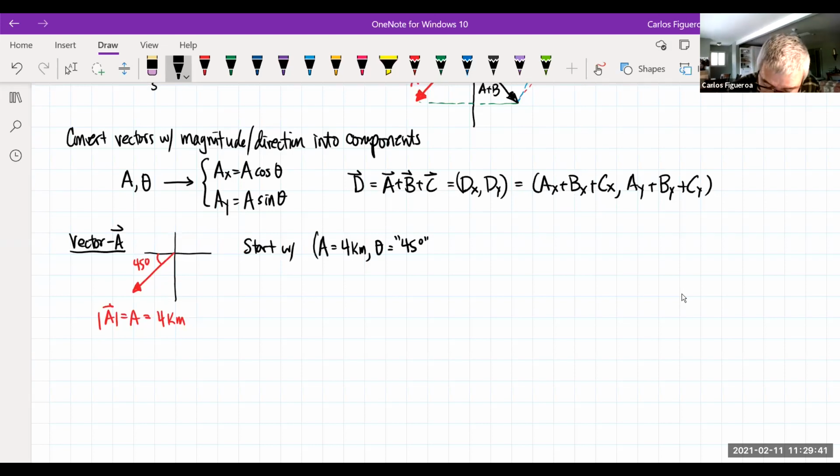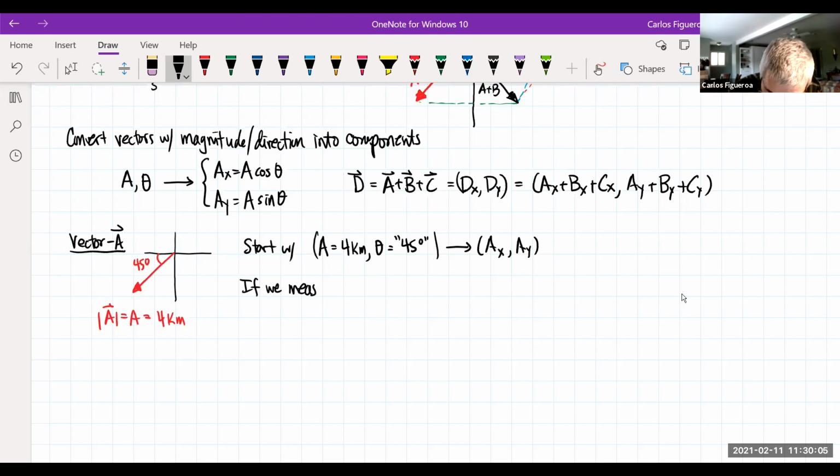So I'm going from here to there. The traditional way is to measure the angle relative to the x-axis.